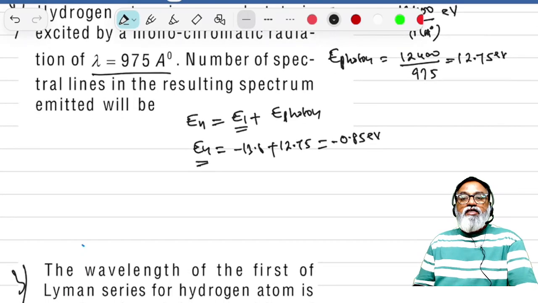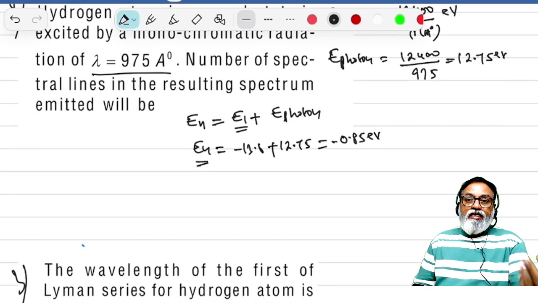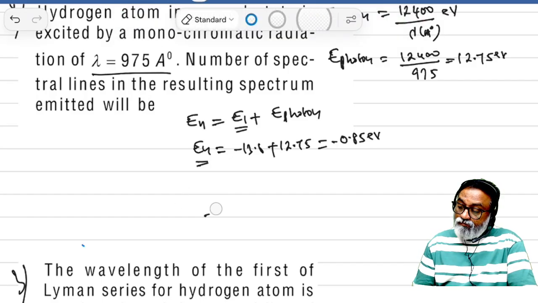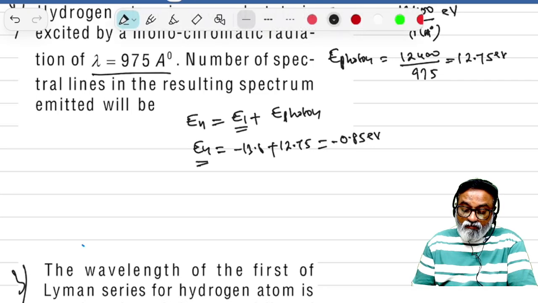But this is the energy in nth state, that is minus 13.6 Z square by n square, equal to minus 0.85.